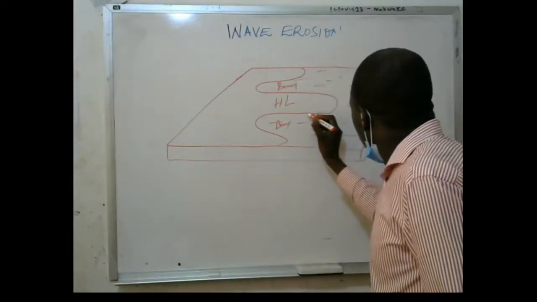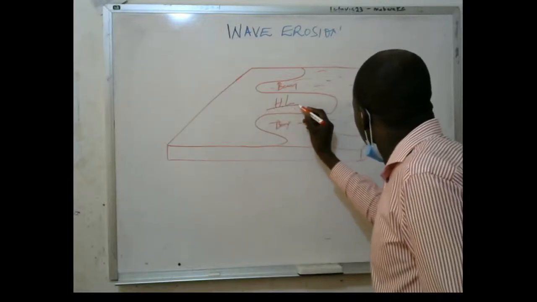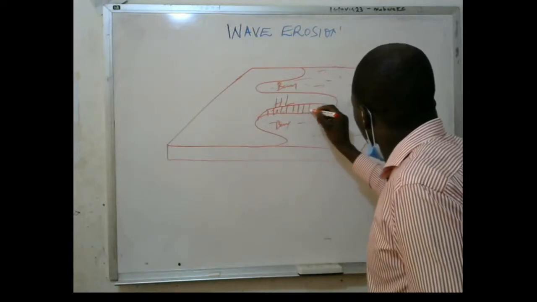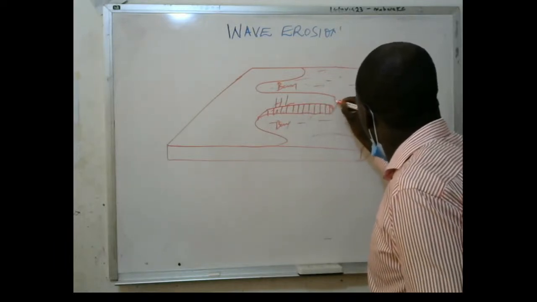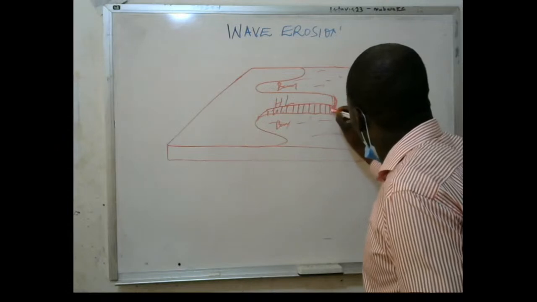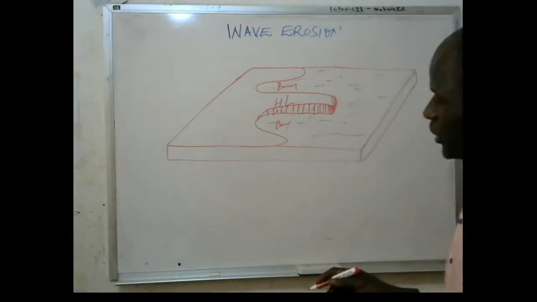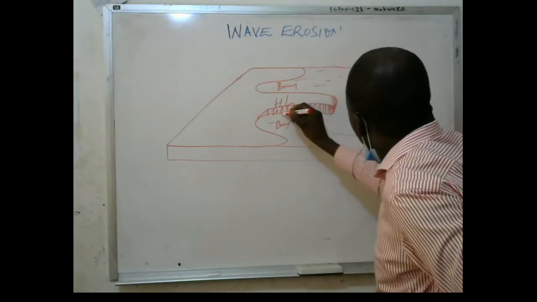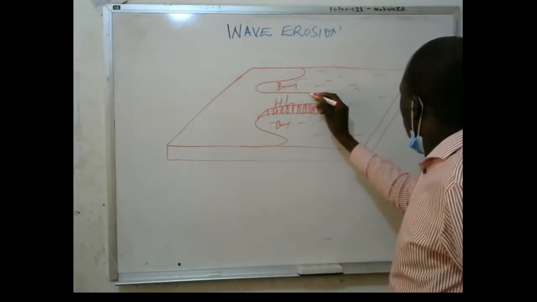So when that happens, this is the side of this headland, showing this is our headland into the water. So it has this steep side. Now, this is the top of it.